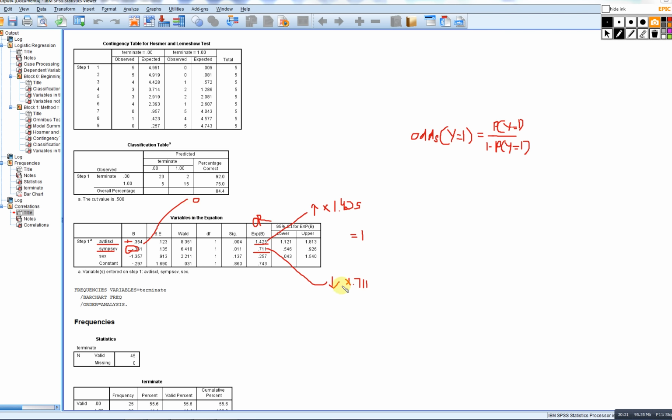The other thing to note is that we also requested a 95% confidence interval for the odds ratio.